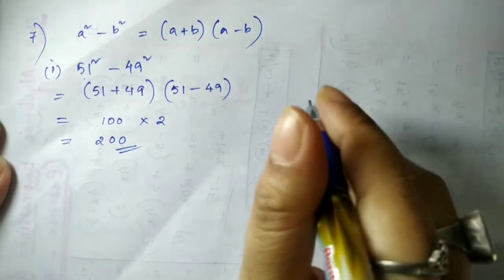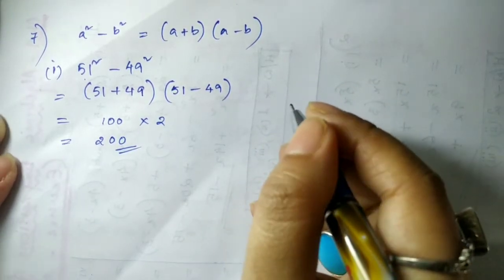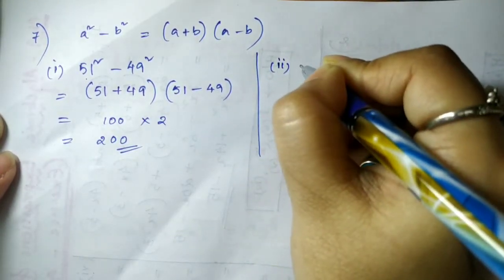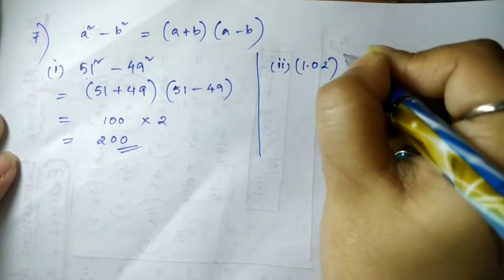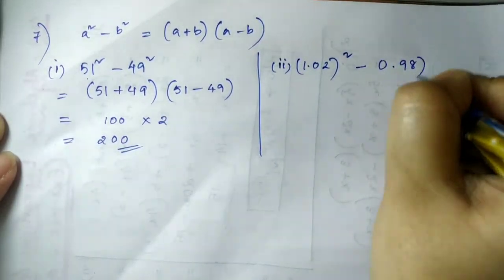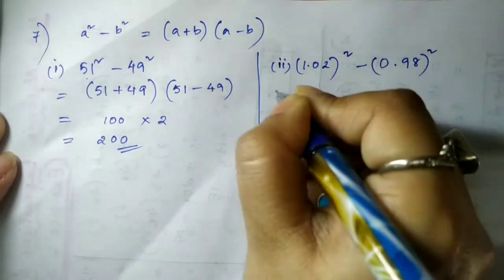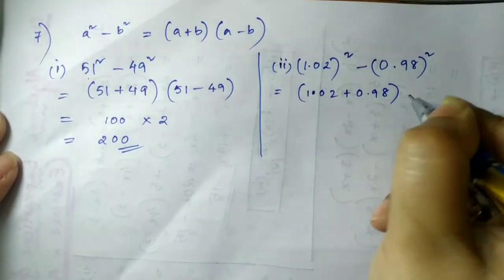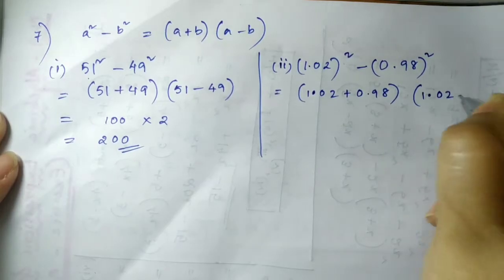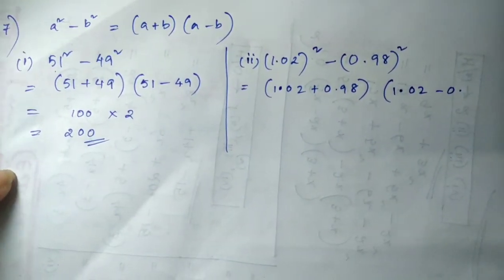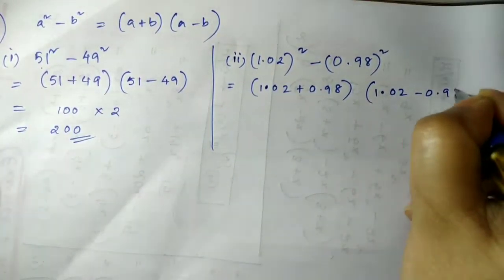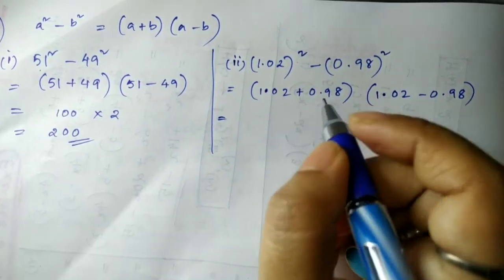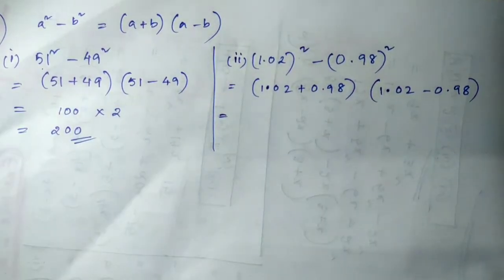Okay. Similarly, another one, let's do. Let me show you the one with the decimal. 1.02 whole square minus 0.98 whole square. This is a square minus b square. So a plus b, a minus b. So 1.02 plus 0.98, and this one subtraction.